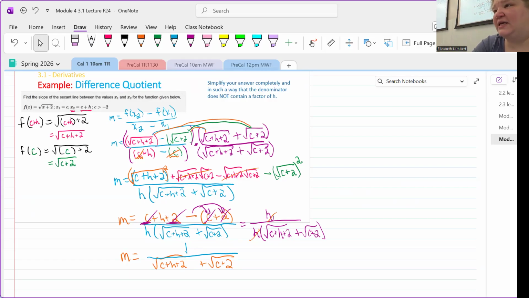I know sometimes you're just trying to get it on paper so you know you have it. But remember, I'm recording these, so you can always come back and rewatch it. But it's to think about, there's a lot of work going on in here. I'm a little less likely to make an algebra mistake than y'all, but I can still make them. And mistakes are just a learning opportunity to not do that later.